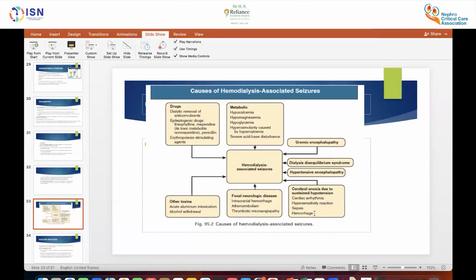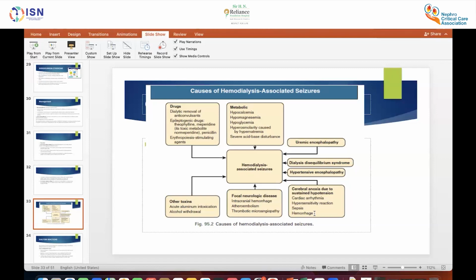inappropriate hypocalcemia. Why is it called inappropriate hypocalcemia? So calcium level might be a little bit lower than the normal, or in the low range. But when you start the dialysis, there are two fractions in your blood.